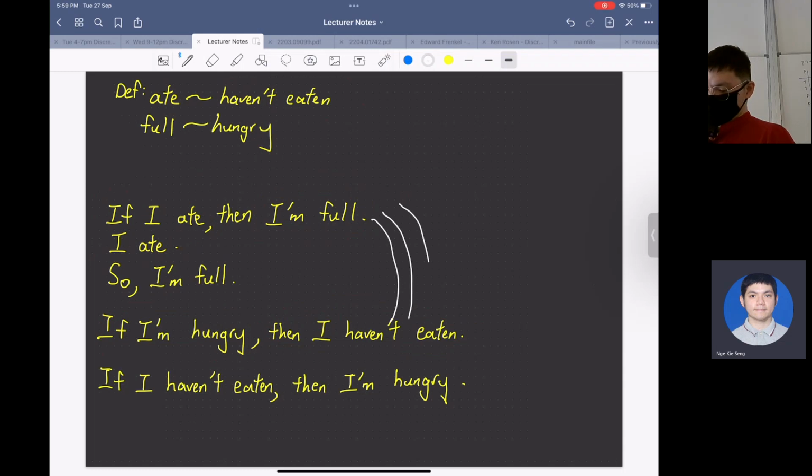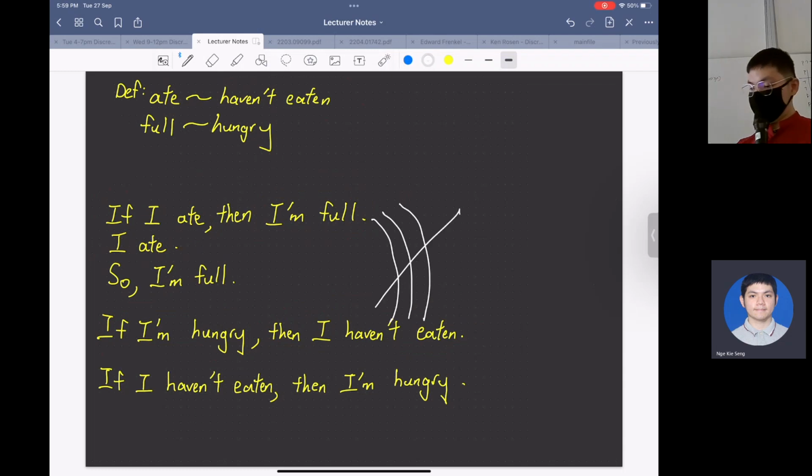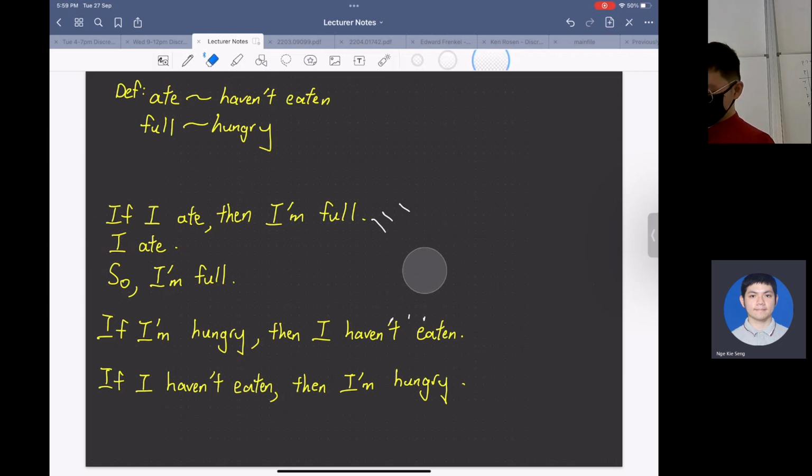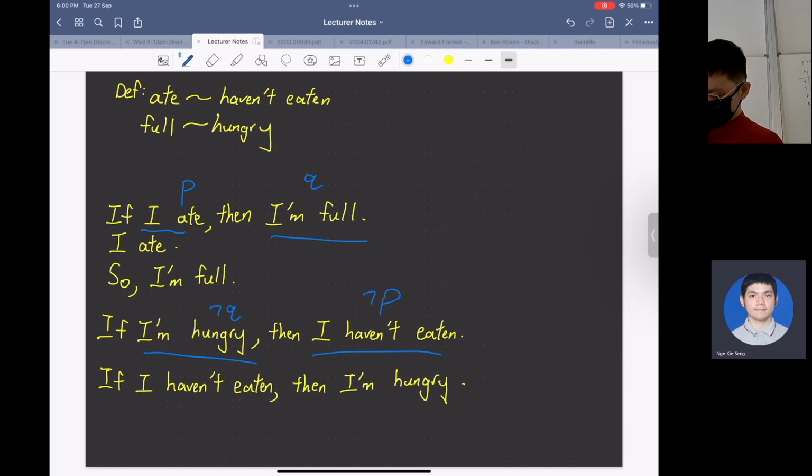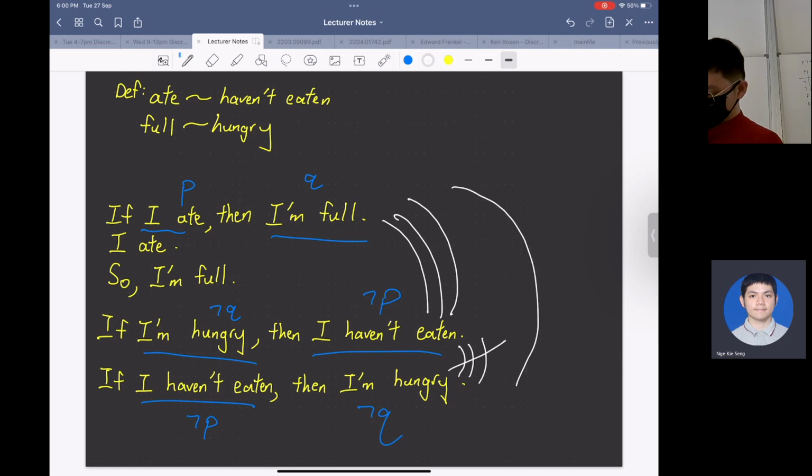Let me write it down. So this is P. This is Q. This is not Q. This is not P. What I want to say is this: these two are logically equivalent, which means these two are not logically equivalent.